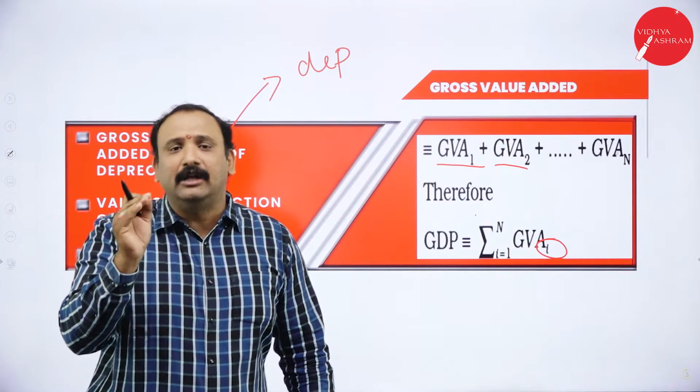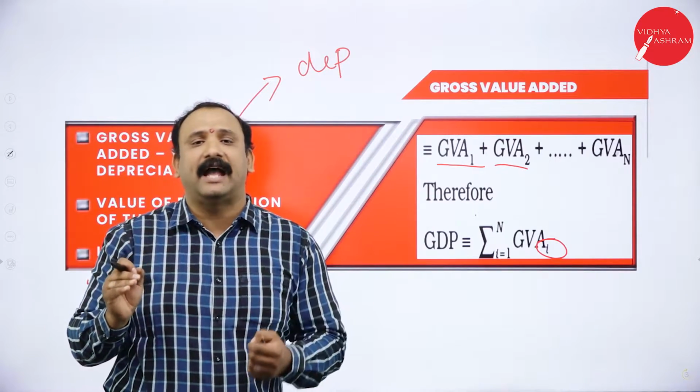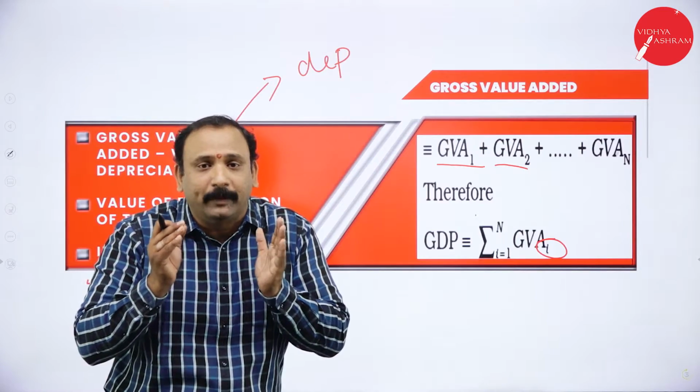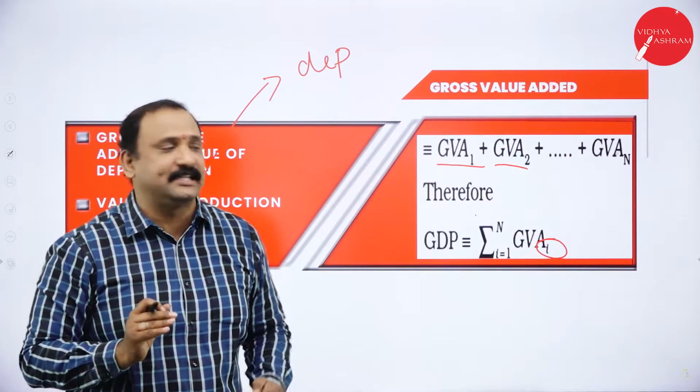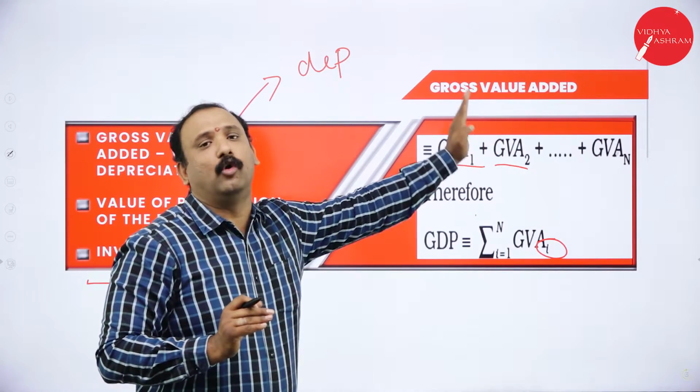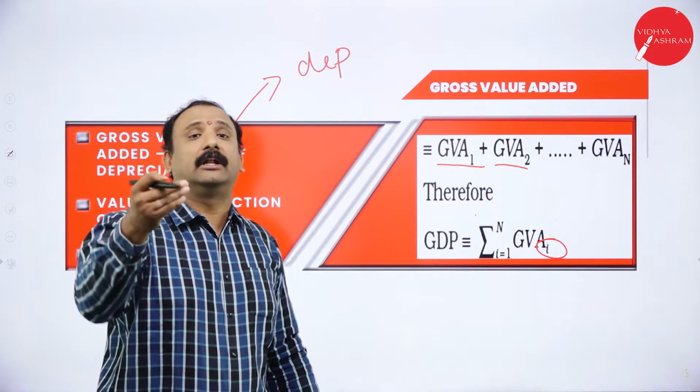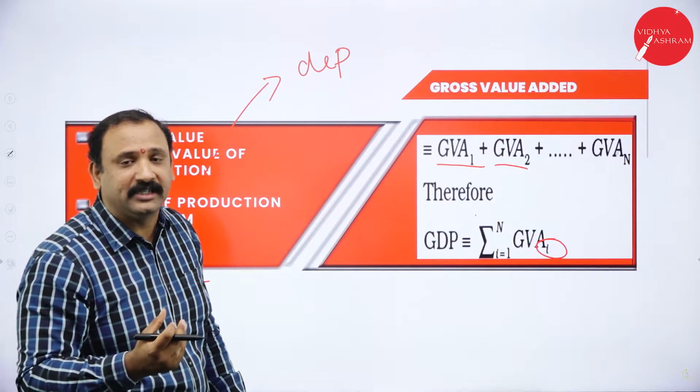So the gross value added is not at a moment, at an instant. It is going to be a lifelong, time period bound exercise. It is going to go over a flow. And then we are going to calculate what is going to be the gross value that is added up.